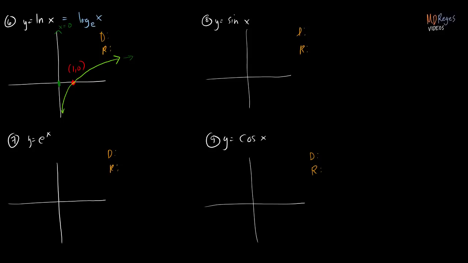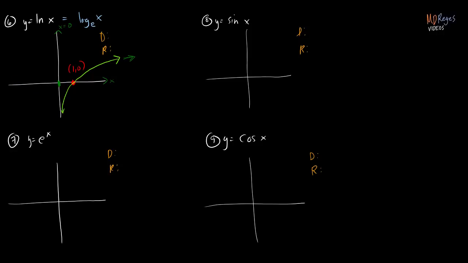Okay, and then it goes all the way to the right. So the domain of the function goes all the way to the right. We don't know how far it goes, but the graph covers all the positive numbers on the x-axis. It does not cover the negative numbers, because as you can see, there is no graph on the left side of the y-axis.